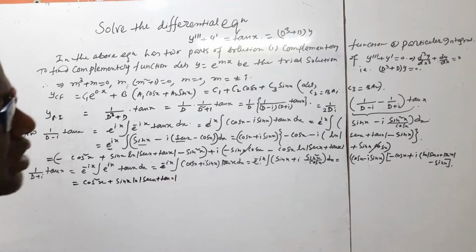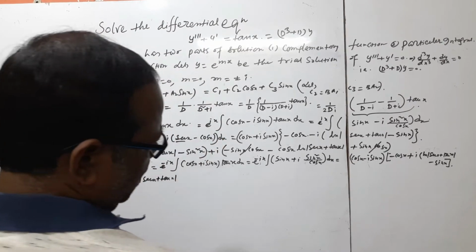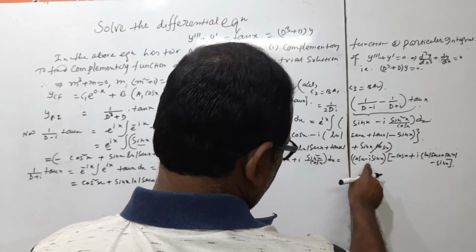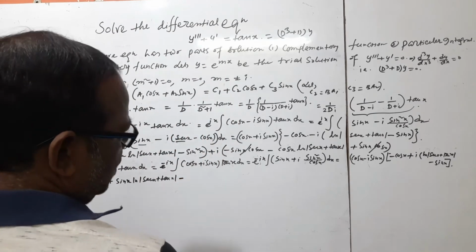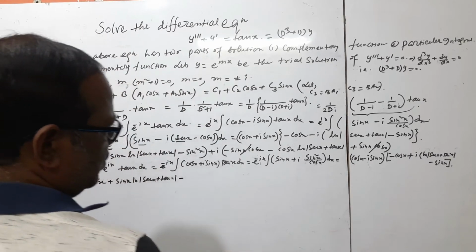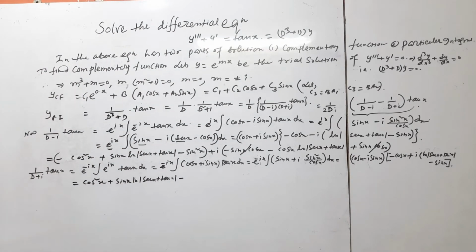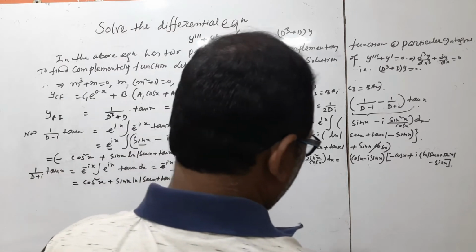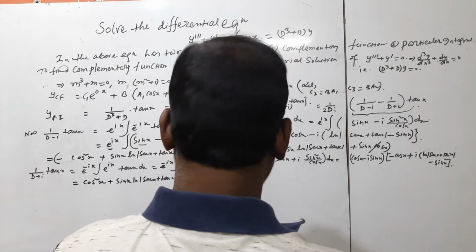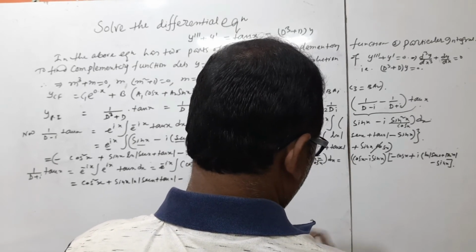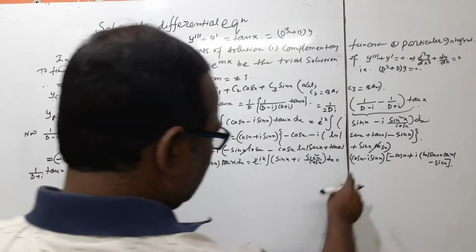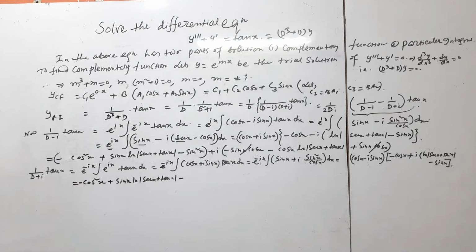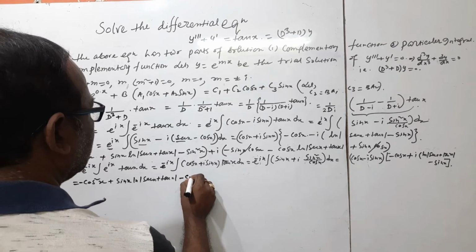Okay, and i into plus i square, so minus sin square, minus sin square.